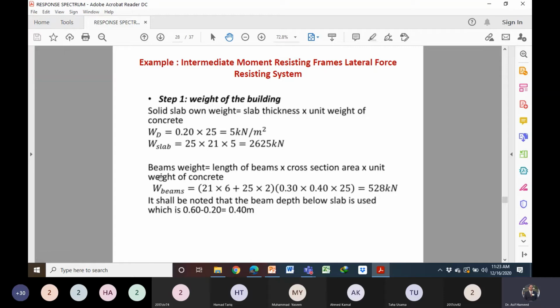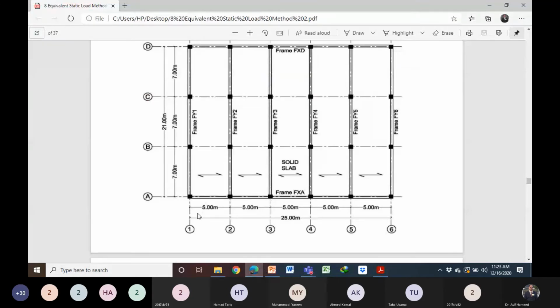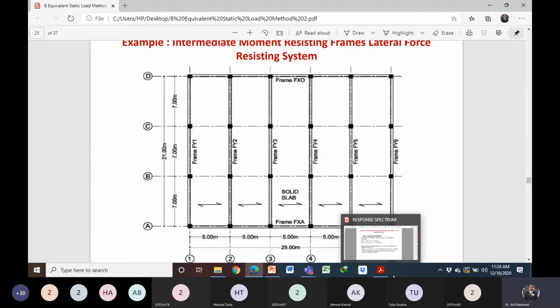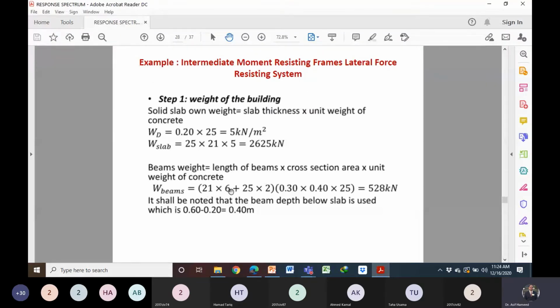Then we can calculate the weight of the beams. How many beams do we have? We have 1, 2, 3, 4, 5, 6 beams of size 21 meter each and 2 beams of size 25 meter. So 21 multiplied by 6 plus 25 multiplied by 2, and the size of the beam is 300 millimeter by 600 millimeter.